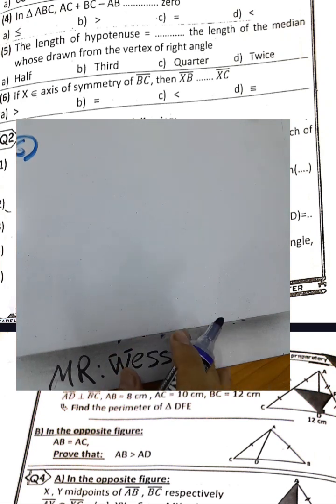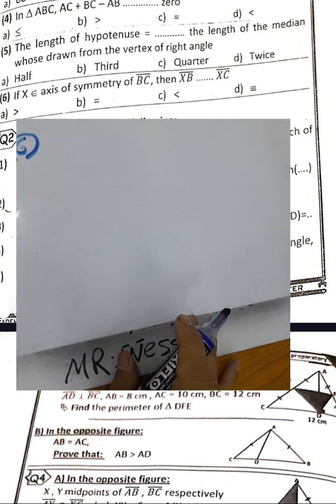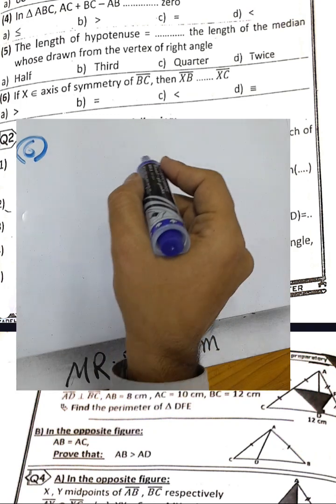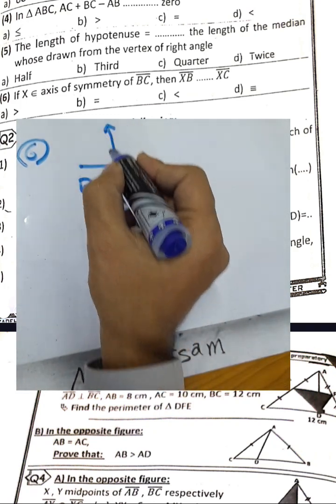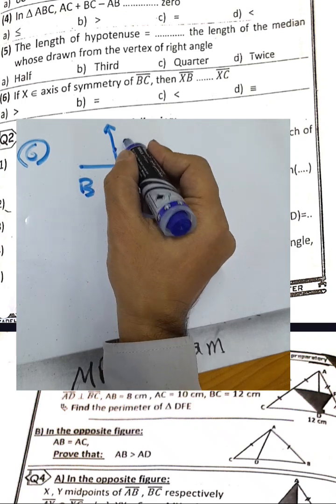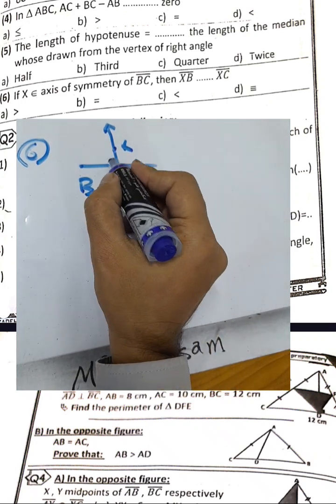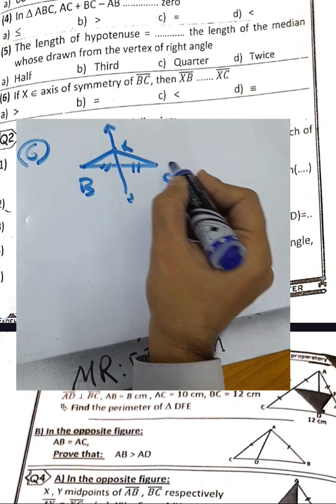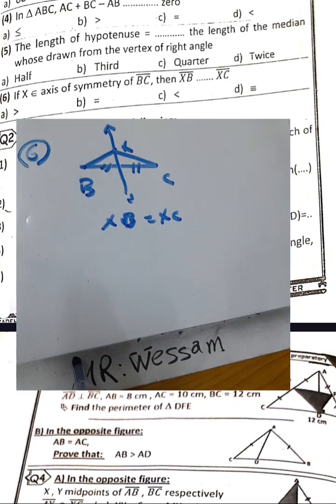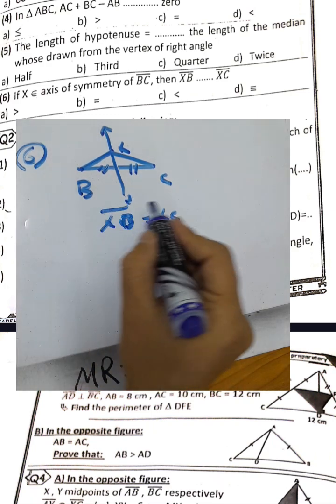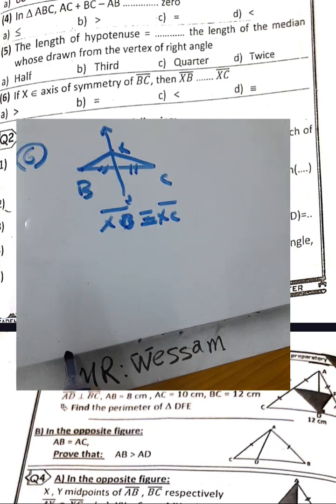Question number 6. If X belongs to the axis of symmetry of BC, we have line segment BC and we have the line of symmetry here, and we have the point X belonging to the line of symmetry here, then XB will be equal to XC. Then the side lengths here will be congruent.